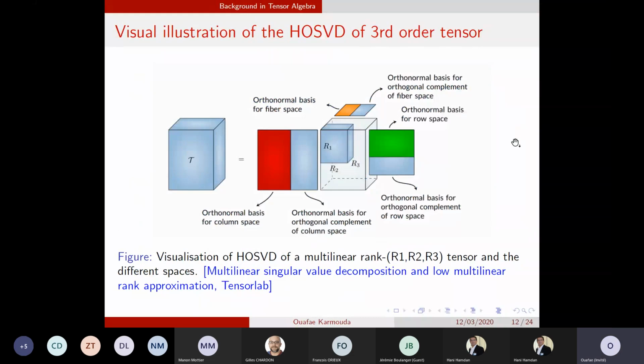Here we have an illustration of the higher-order singular value decomposition of a third-order tensor of multilinear rank R1, R2, and R3. Here we have the core tensor, and here we have three factor matrices. By construction, the first R1 vectors of the first factor matrix form an orthonormal basis for the column space, and the remaining vectors form an orthonormal basis for the orthogonal complement of the column space.